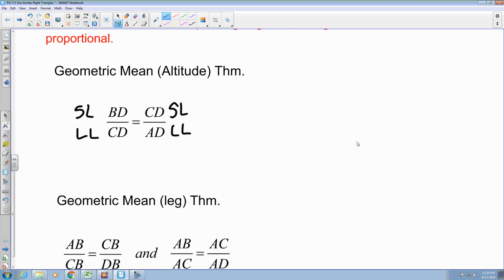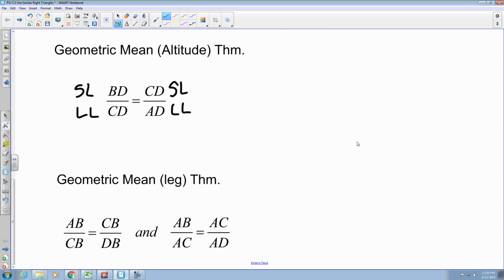If you were dealing with hypotenuse and long leg, or hypotenuse and short leg, or vice versa, you just have to make sure you are consistent throughout the entire proportion. And if you notice here, these two values are the same. These two values are the same. These two values are the same.